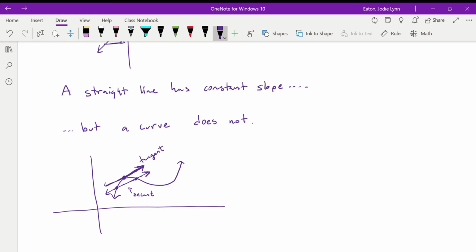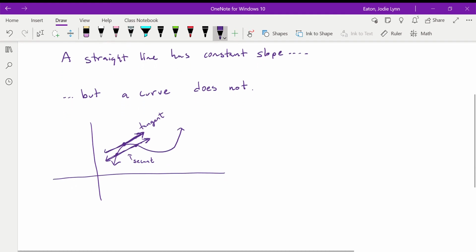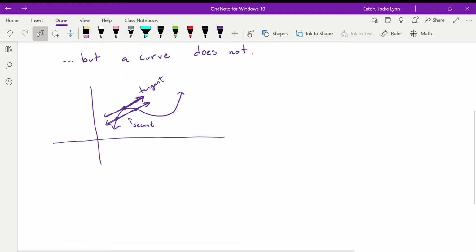So we can measure the slope of a tangent line or a secant line, but how do we calculate what the slope of a tangent line would be? Well, that is going to be where derivatives come in. So let's first look at what happens with a secant line. So our slope is delta y over delta x, where delta means change.